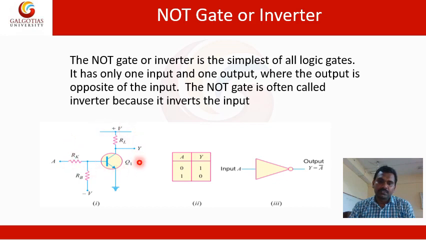And when A is low, then the transistor will be active and all the current will flow and pass through the ground, so we will not get output at Y. So whenever A is 0, output will be 1, and when input is 1, output will be 0. So this condition is true for NOT gate only.